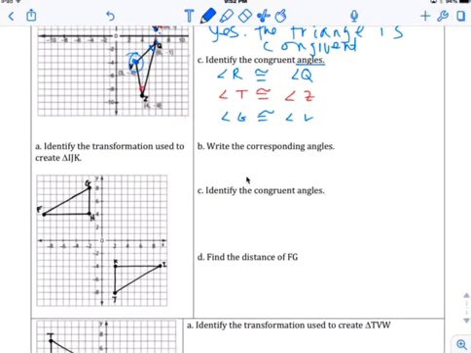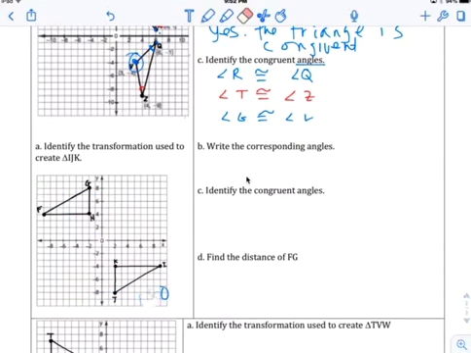Okay, what transformation occurred? Looks like a rotation of 180 degrees, right? 0, 90, 180. Identify the transformation from IJK to this one. It's 180 degrees. It's the other way.